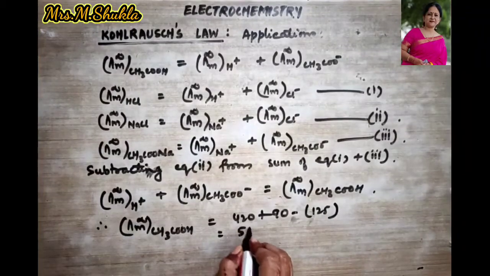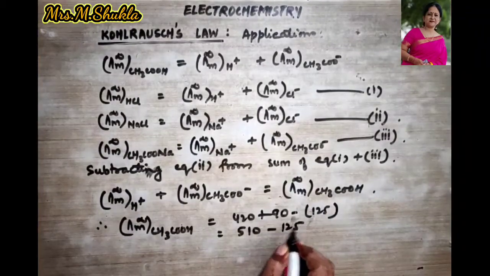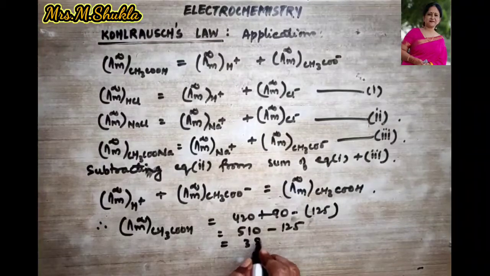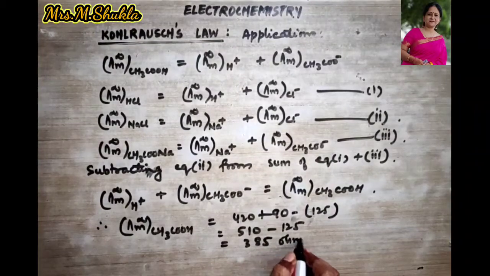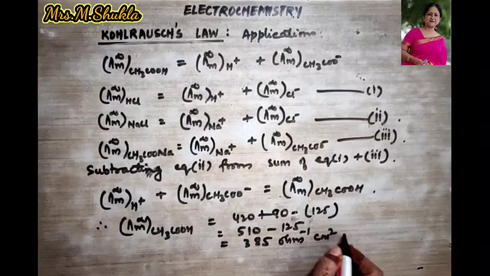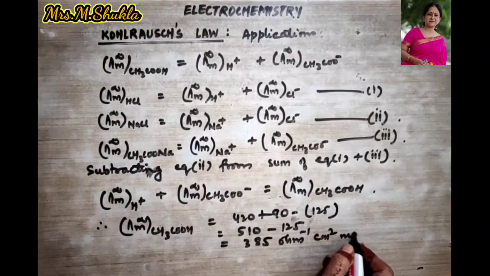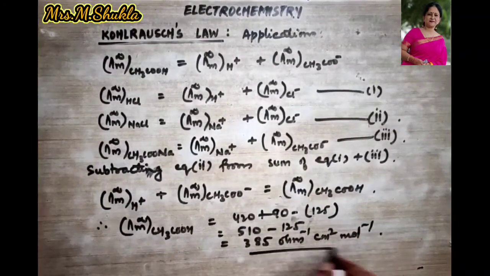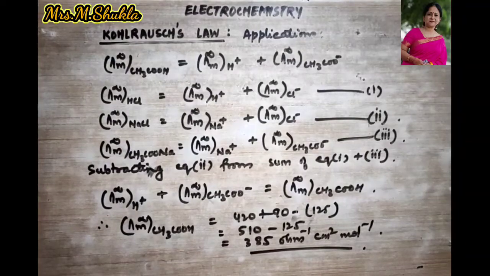This is equal to 510 minus 125, which is 385 per ohm centimeter square per mole. This becomes your answer.